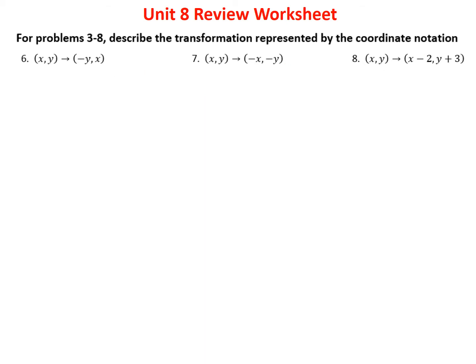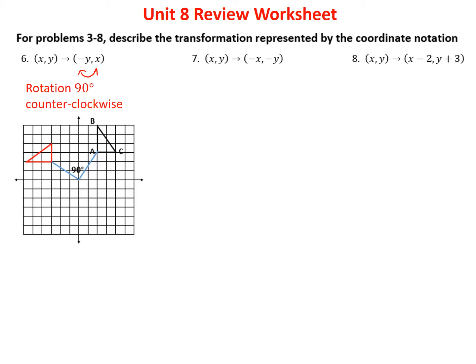Problem 6, you notice that the x and the y actually change places here. When that happens, you know that you're dealing with a rotation, either 90 degrees or 270. In this case, we're dealing with a rotation 90 degrees counterclockwise.